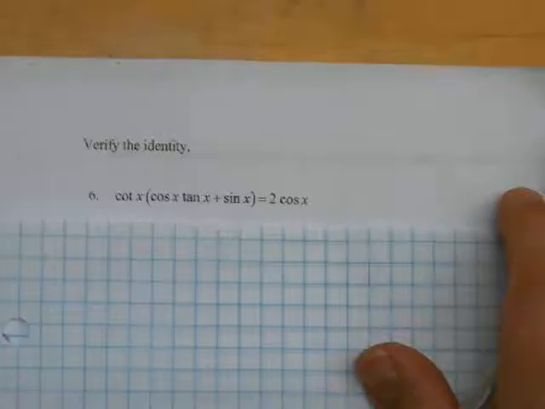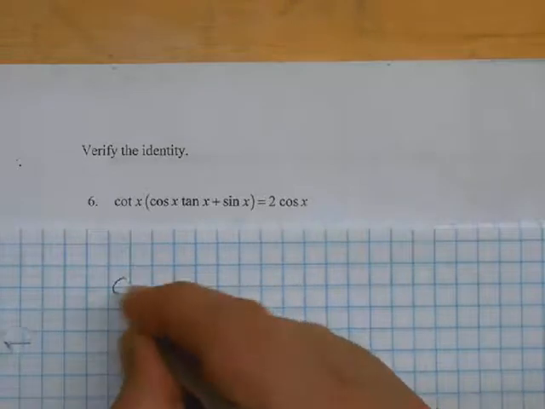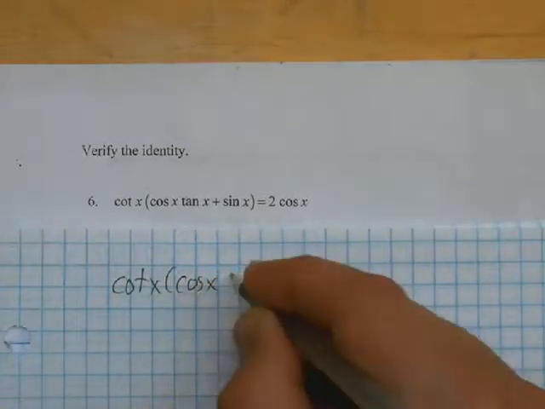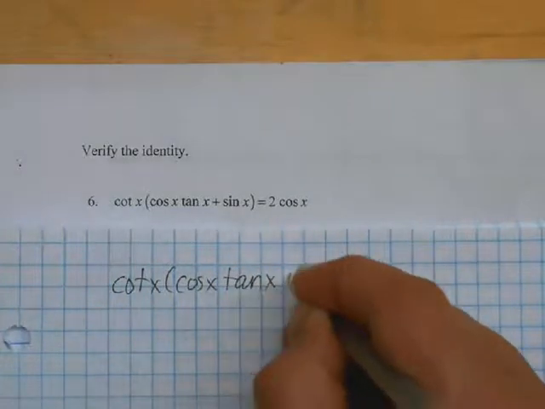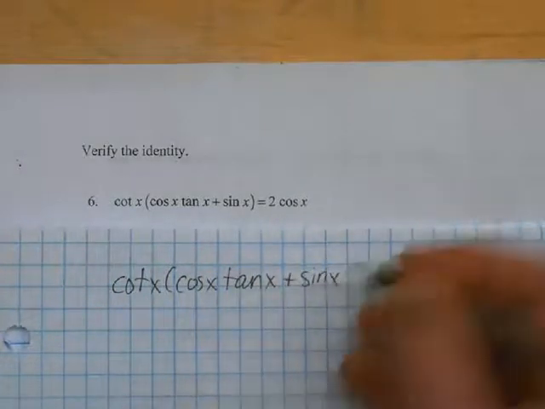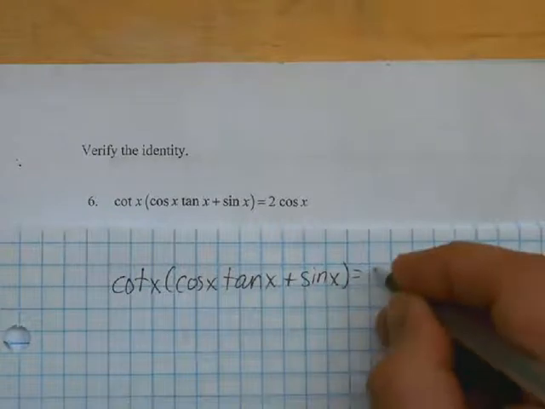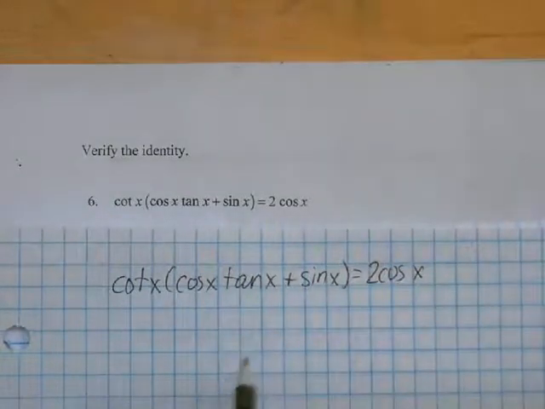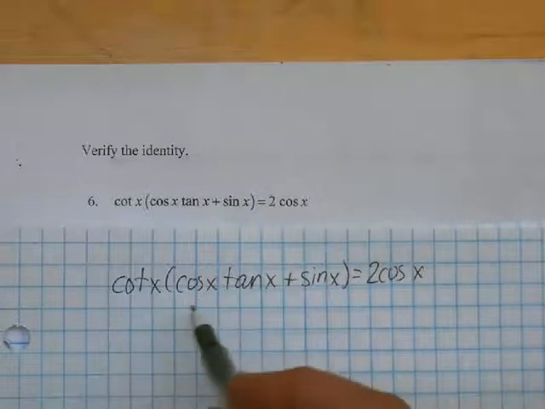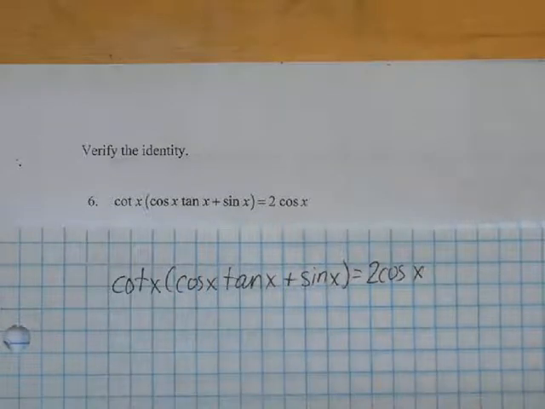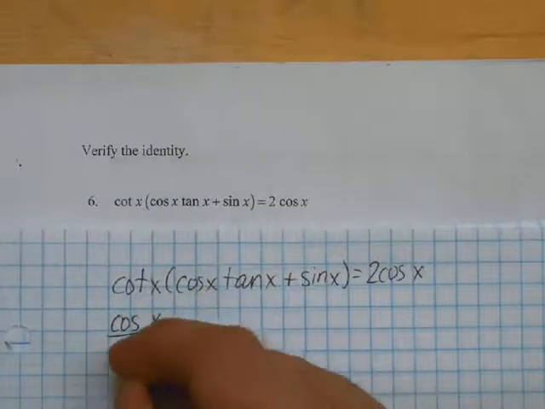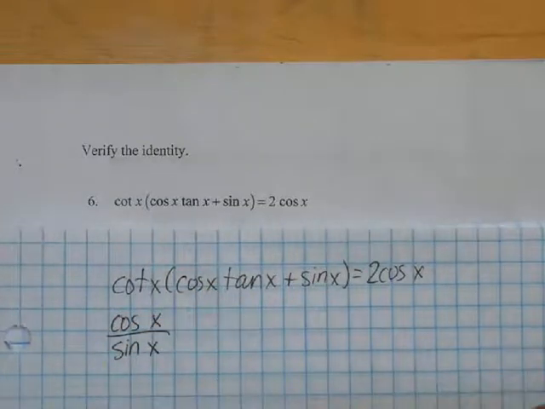Okay, number 6, verify the identity. When you have sines, cosines, tangents, cotangents, it's probably going to be easiest to rewrite it in terms of sine and cosine. So cotangent is cosine over sine.